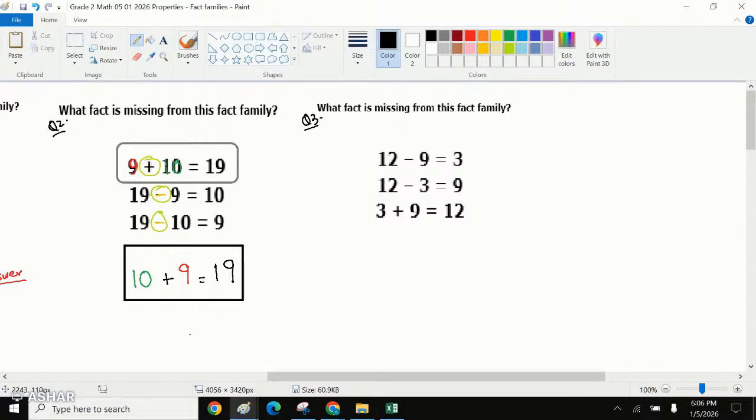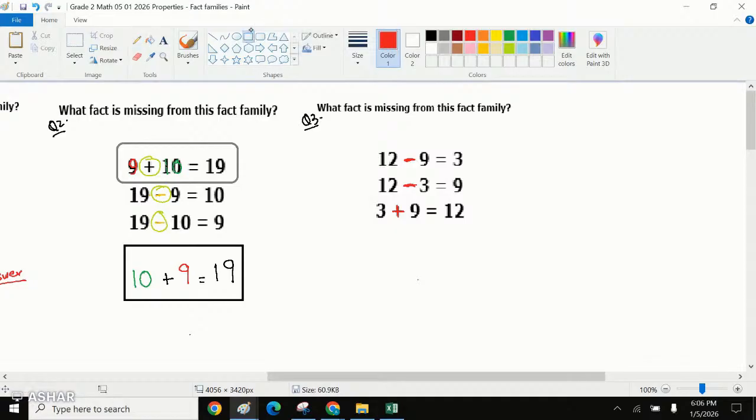The first thing we need to do is look at the sign. There should be 2 positive and 2 negative statements. Let's see, we have 1 negative, we have the second negative, but we have 1 positive, right? We have 2 negative statements, but we have only 1 positive statement. So that means our missing fact family should be positive.